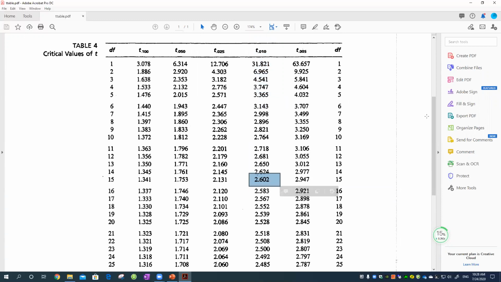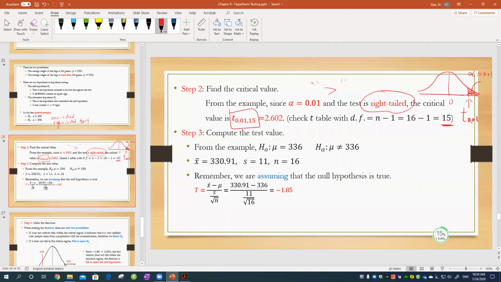So the critical value is 2.602. And then we can compare the test statistic. From the example we know, when we assume the null hypothesis H0 is true, mu equals 336. We have x bar 330.91, the sample standard deviation 11, n equals 16.